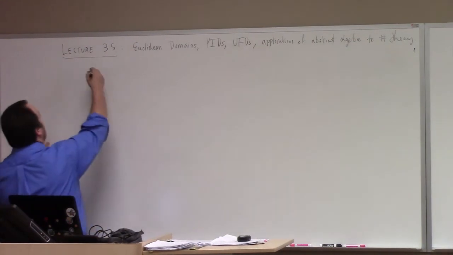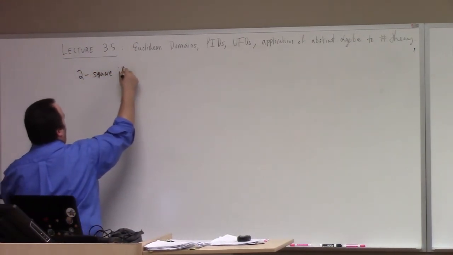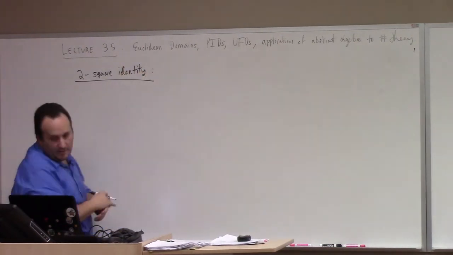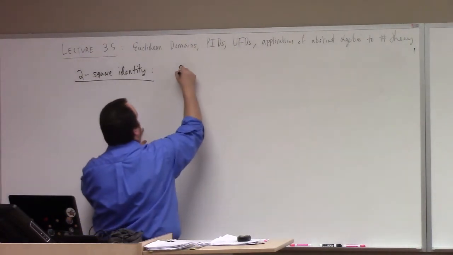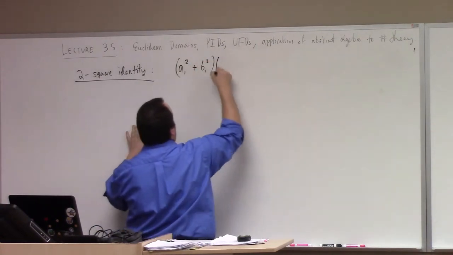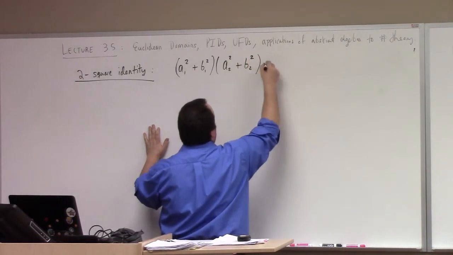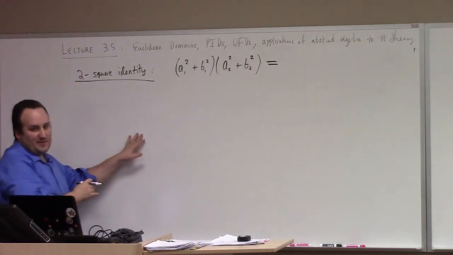So the two-square identity, what's it say? It says that a1 squared plus b1 squared times a2 squared plus b2 squared is equal to something over here. Now, let me show you how to do it.